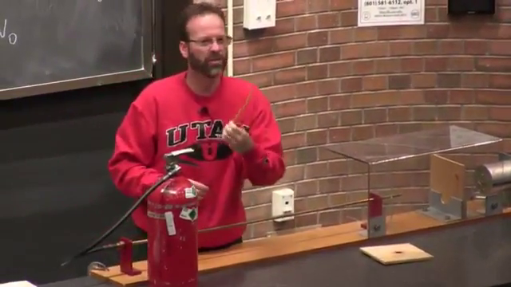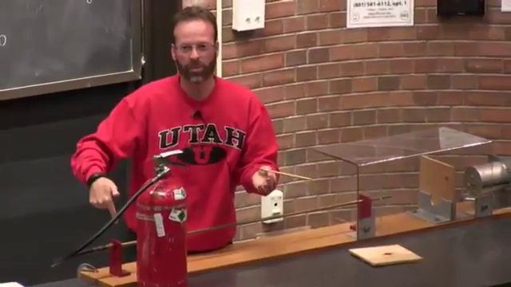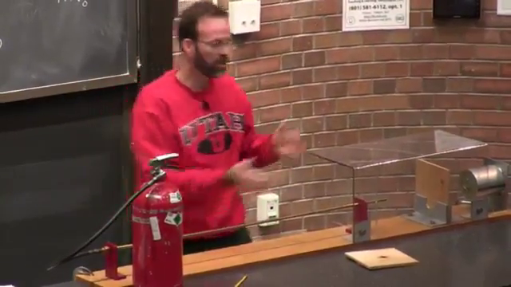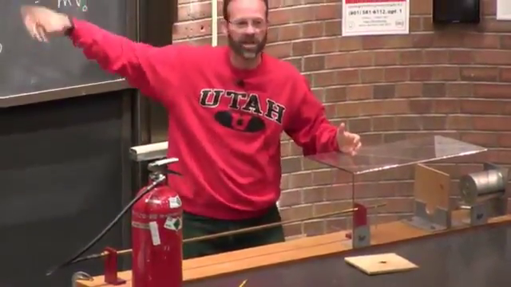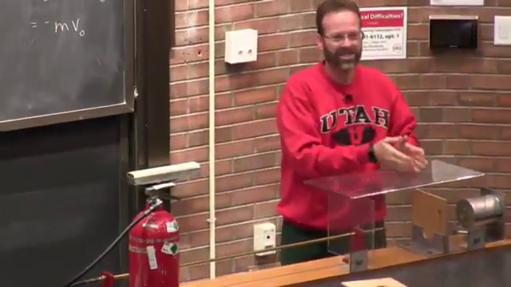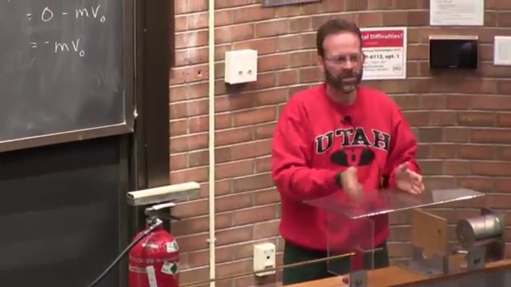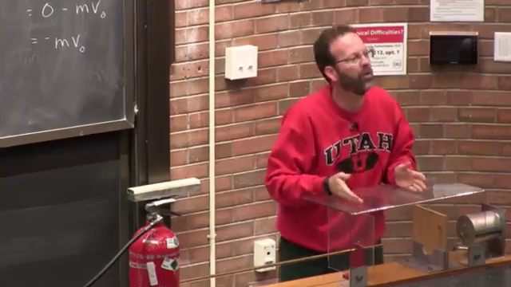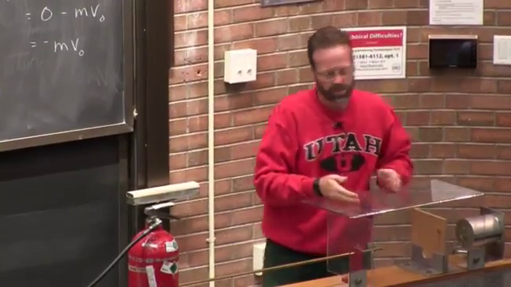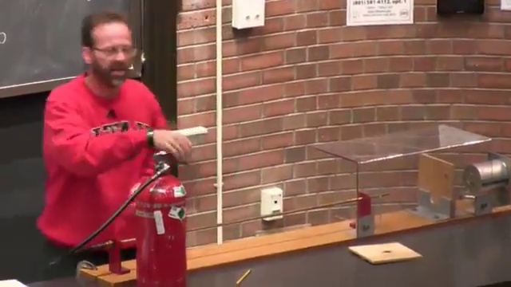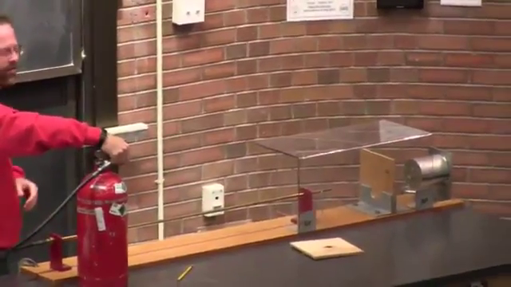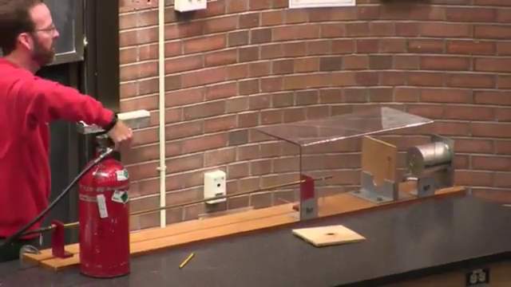The masses of the pencils are about the same. I only sharpened a little bit off. So they're going to come in with about the same momentum. They're both going to get stopped. They're going to have the same change in momentum, the same impulse. But let's investigate the forces on it and the wood. You ready? 1, 2, 3.